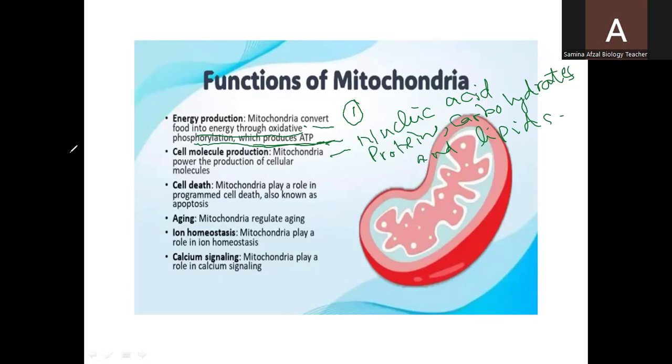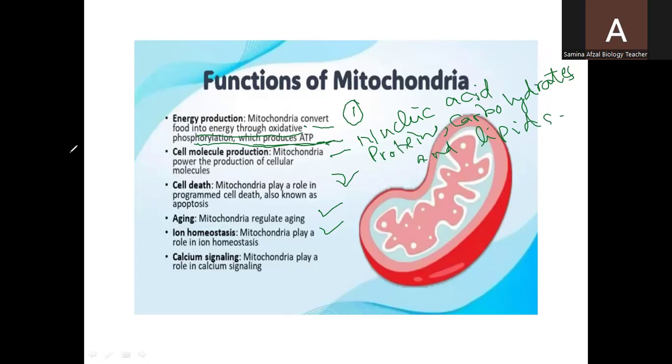Mitochondria also play a role here. Then aging: mitochondria also regulate the aging process. Then ion homeostasis: mitochondria maintain the balance of the different ions inside and outside the cell.